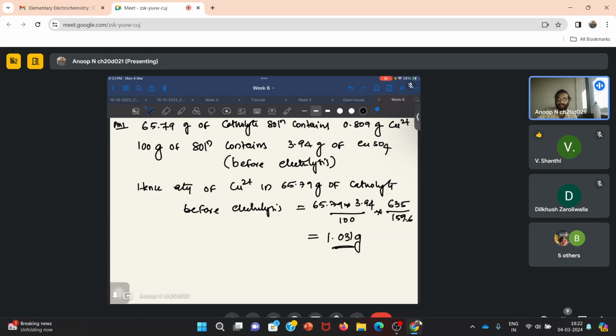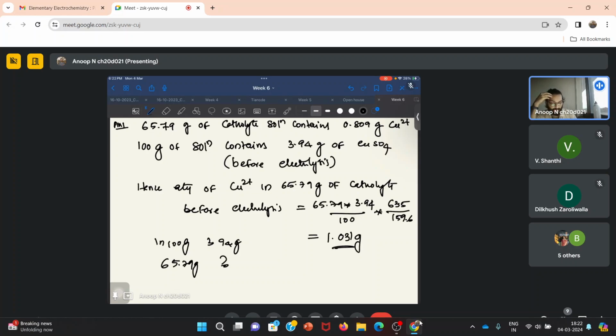The first step is that in 100 gram there is 3.94 gram, so in 65.79 gram, how much? It is copper sulfate 3.94, so we have to convert into copper.